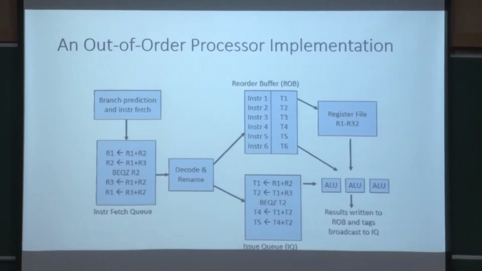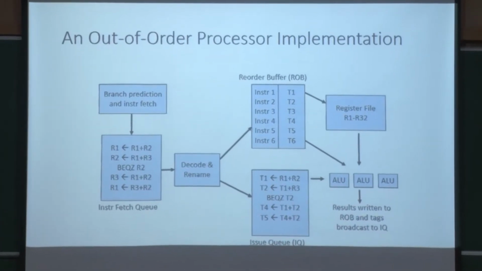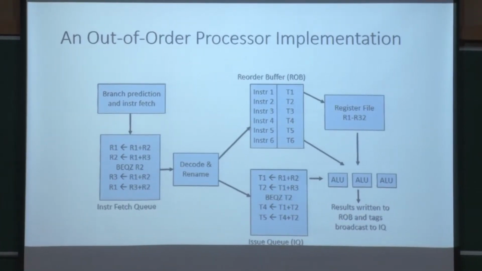In this particular case, what I'm saying is you can schedule instructions whose operands are ready. The naive way of checking if the operands are ready is check if T1 has the result that you need, T2 has the result that you need, right? That could potentially be very inefficient.